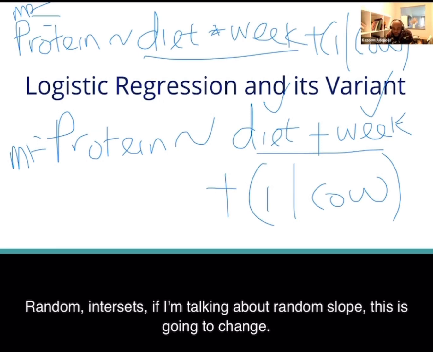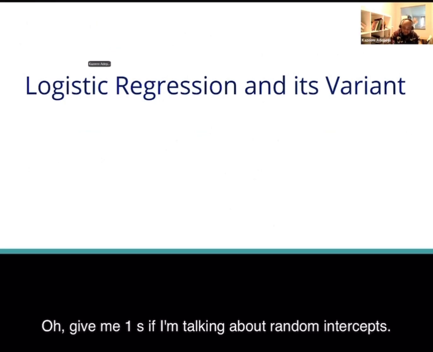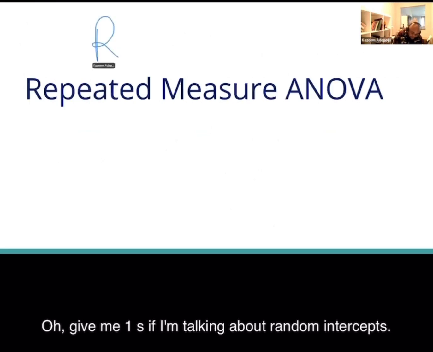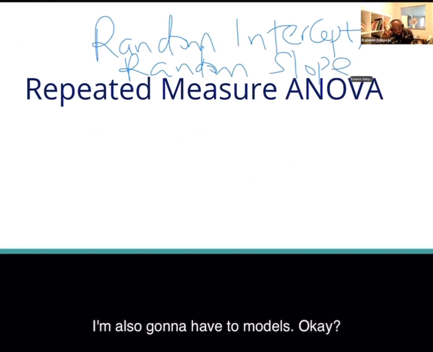If I'm talking about random slope, this is going to change. If I'm talking about random intercept and random slope together, please pay attention. I'm also going to have 2 models.